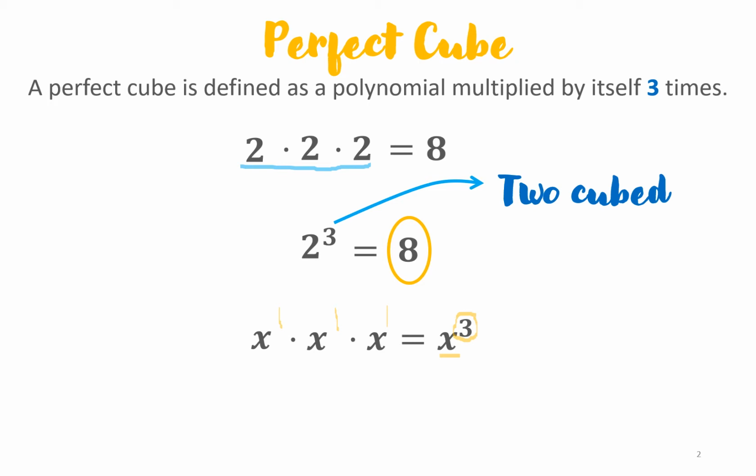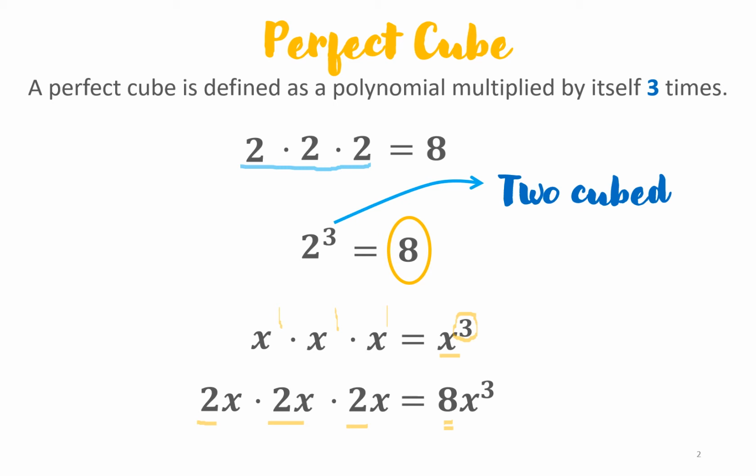Okay, gawin naman natin. Kung ang given natin ay 2x multiplied by 2x multiplied by 2x, ano kaya sagot? We have 8x cubed. Paano nangyari yun? Ganito lang, uunahin nyo lang munang multiply lahat ng numerical value, yung number na nasa harap ng variable. Okay, 2 times 2 times 2, that would give us 8.